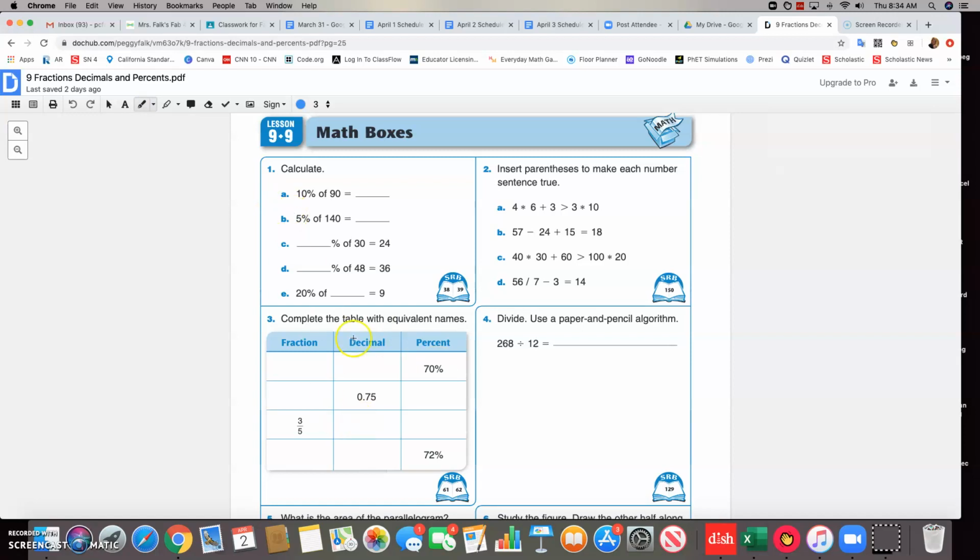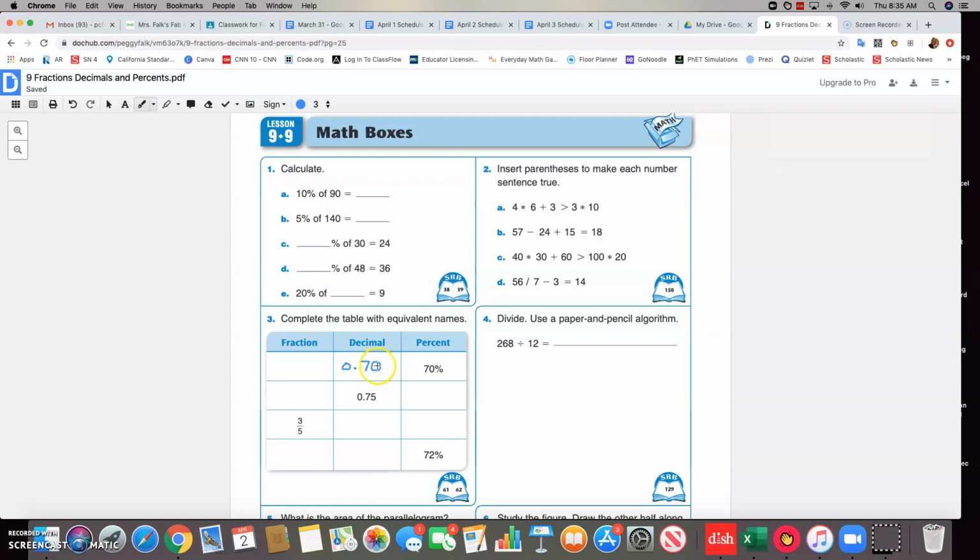Okay, I'm going to start with number 3 first, because knowing your fractions, decimals, and percent equivalents can really help you to solve these problems. So let's do this one first. 70%. I know that's the same as 70 hundredths. And that's how you write 70 hundredths as a decimal.